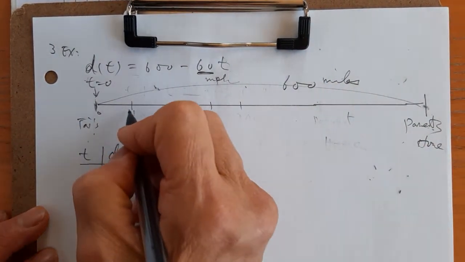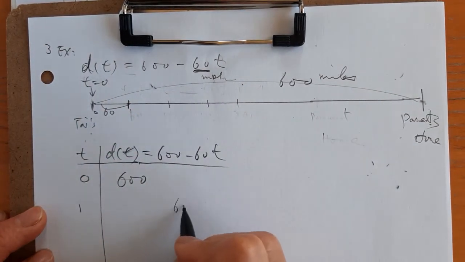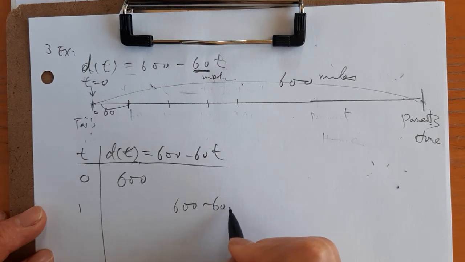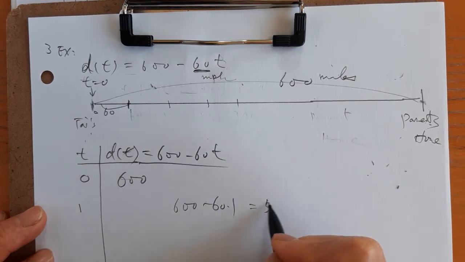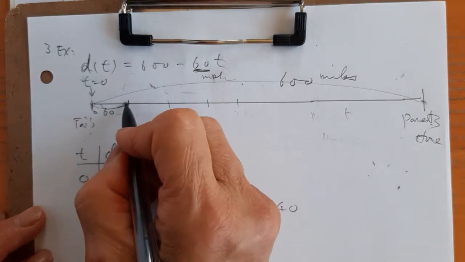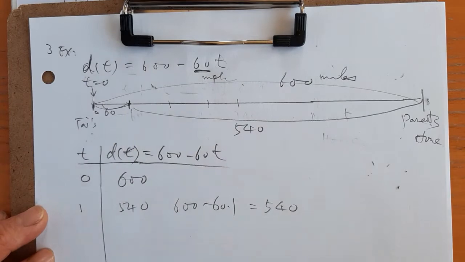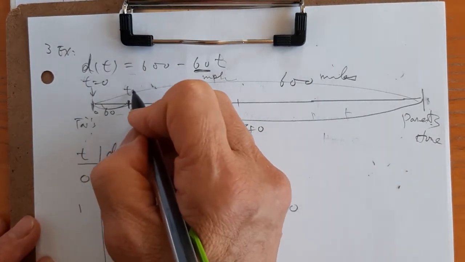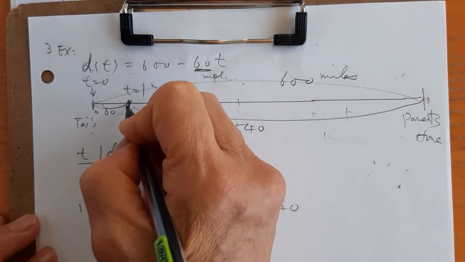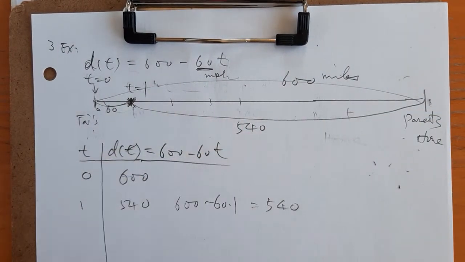When t equals 1, he has traveled 60 miles, so 600 minus 60 times 1 is 540 miles. After 1 hour, he is 540 miles away from his parents' home.